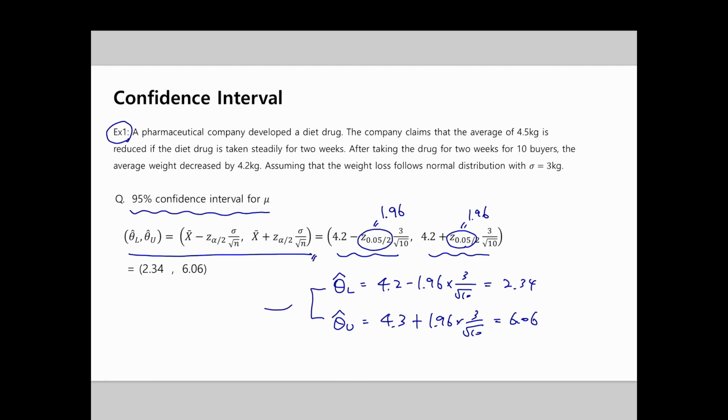If we assume mu equal 4.5 kilogram. Okay, it's like this.